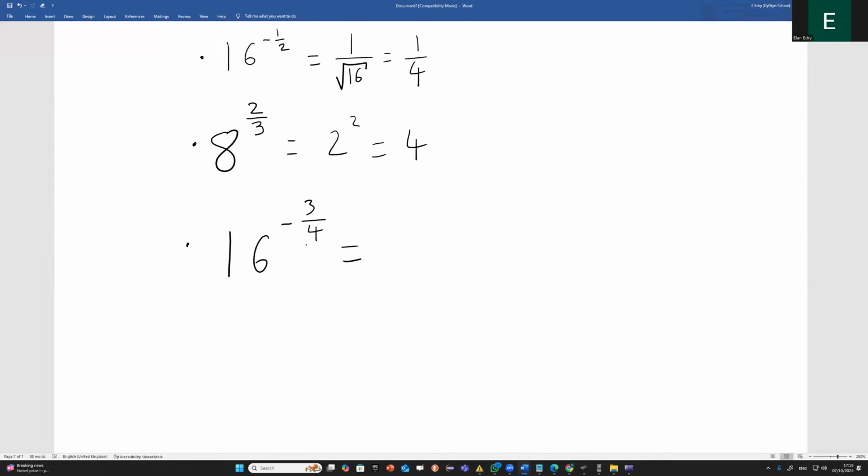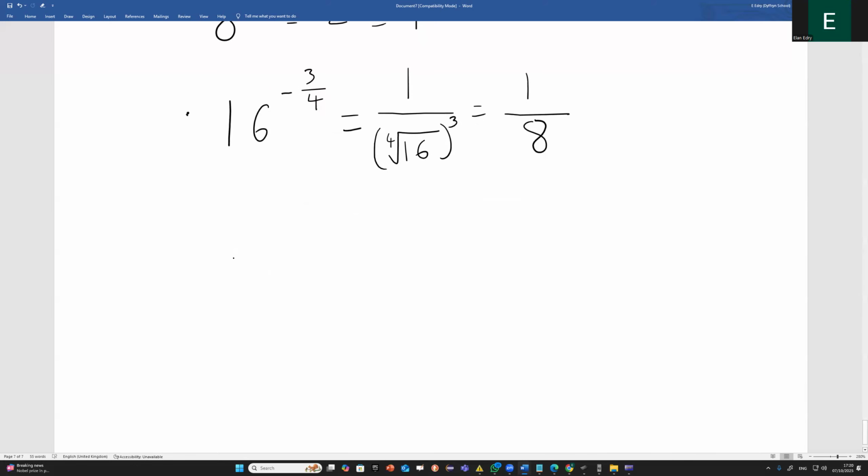The bottom number is the root, so there's going to be 1 over the fourth root of 16, cubed. The fourth root of 16 is the square root of 16, and then you square root it again. So that'd be 2. Then the answer is 1 over 8. Yeah. Brilliant. Really good.